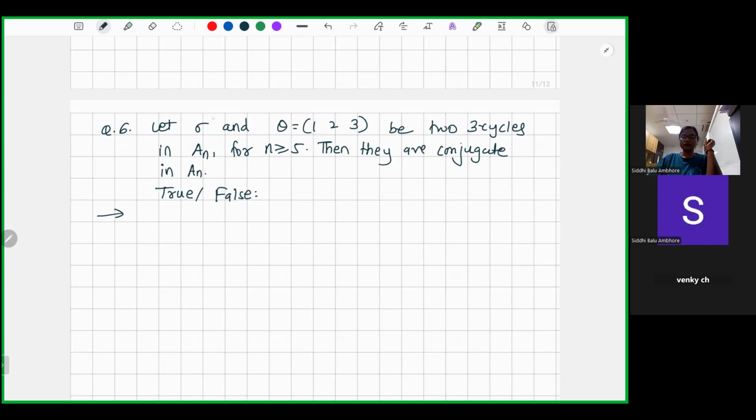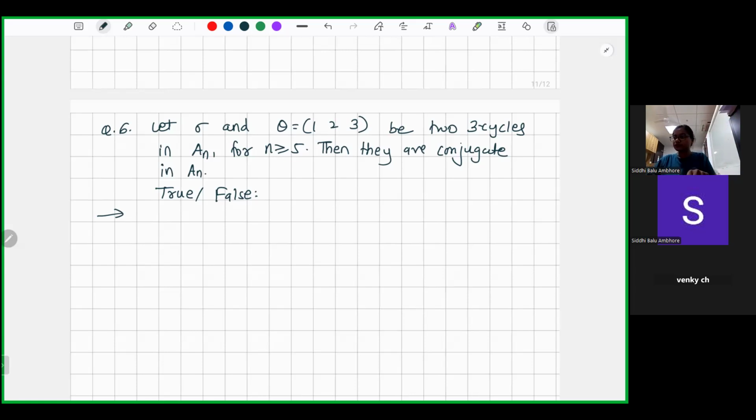So if sigma 1 is conjugate to theta and sigma 2 is conjugate to theta, then sigma 1 and sigma 2 will be conjugate of each other. So what they say is that 3-cycles in An are conjugate, and we are just fixing this 1, 2, 3 by calling it theta to make the calculation easy.